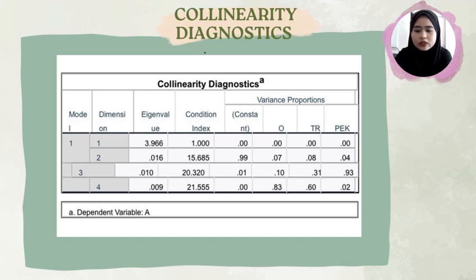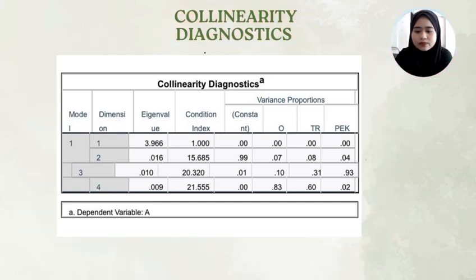Second, we have technology readiness spread across dimension 3, which is 0.31, and 4, which is 0.60. Lastly, prior experience and knowledge is mostly concentrated in dimension 3, which is 0.93.